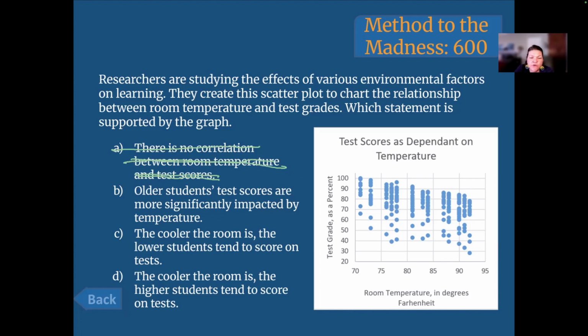Older students' test scores are more significantly impacted by temperature. No or maybe? I think maybe not at all because it says older students, and it's about either test grades or room temperature, but it doesn't give us the age of the students. Bingo. That's totally why I wanted you to read the axes, because a lot of students will just look at the numbers and be like, well, maybe it's age, right?